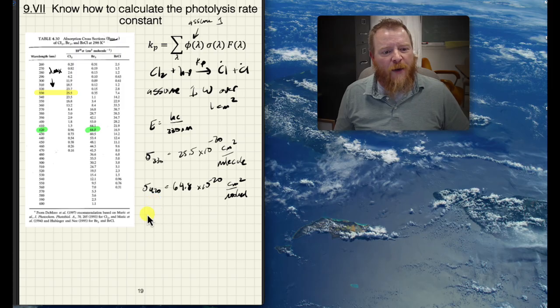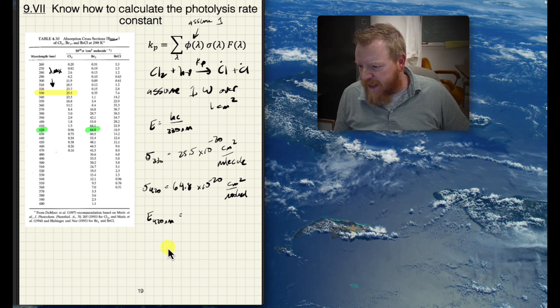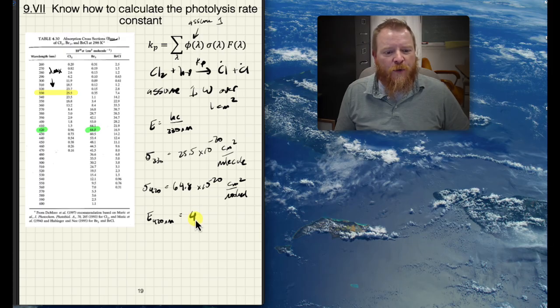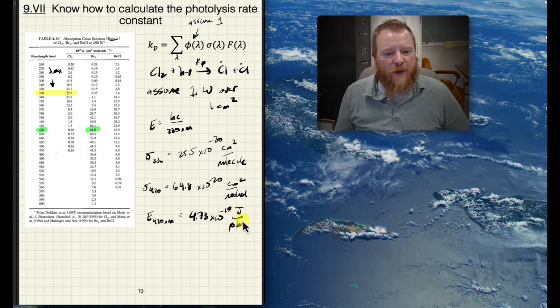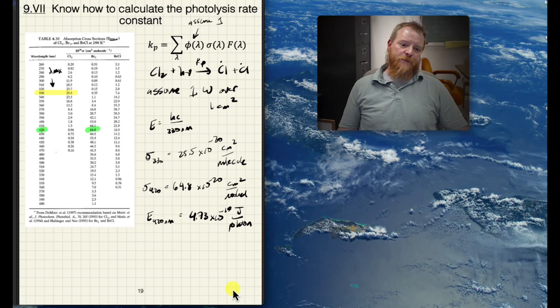So if we were to now calculate the energy of light at 420 nanometers, I did that calculation already. Let's see, where did that go? That works out to be 4.73 times 10 to the minus 19, and technically that would be joules per single photon.